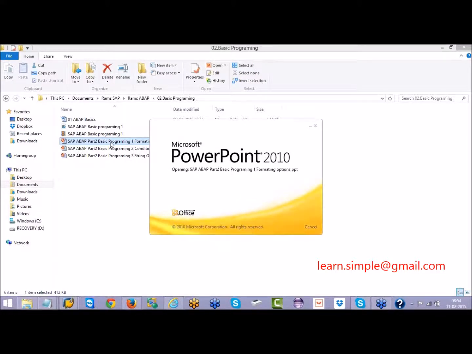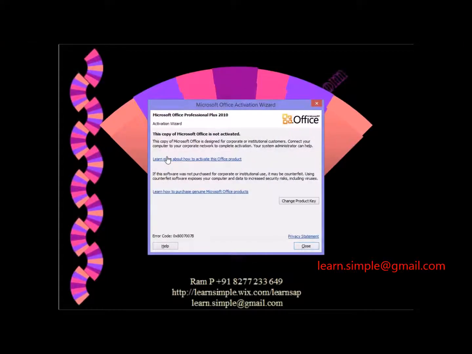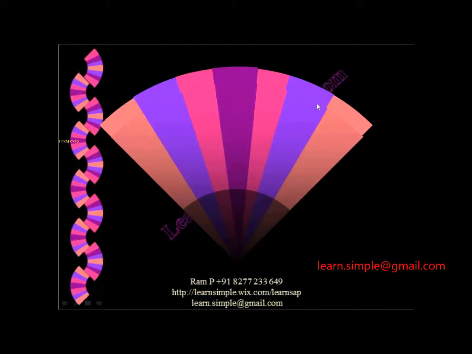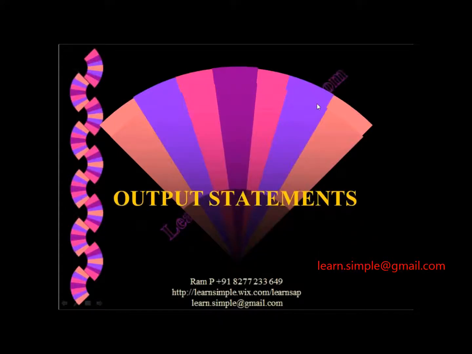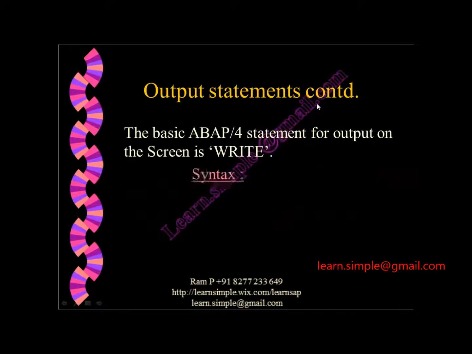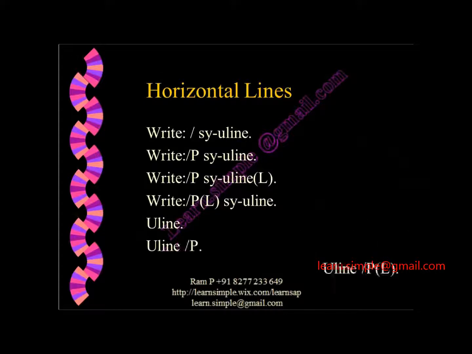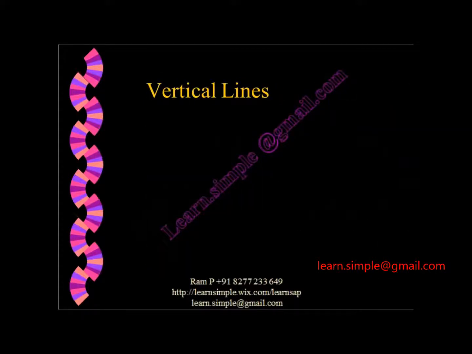Just wanted to show you the formatting options. Most of the things we discussed are already there. Write statement here. What is the right syntax? Then if you want to put a horizontal line, vertical line, we have not yet discussed.